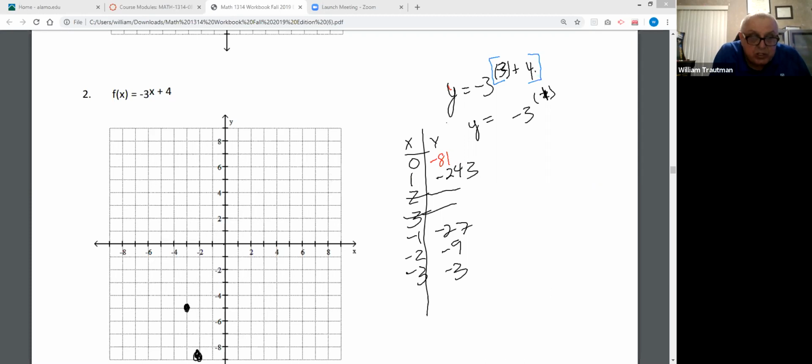Okay, so you see the graph was going way down. So I'm going to put some more negative numbers in there, and I think that will help.